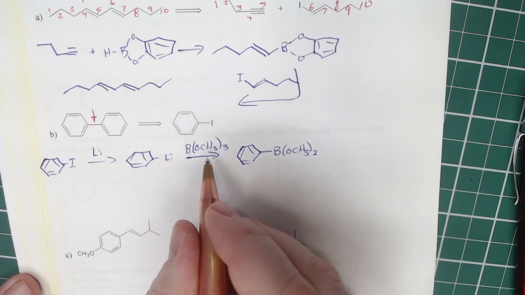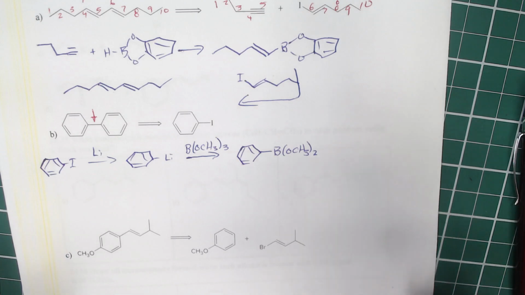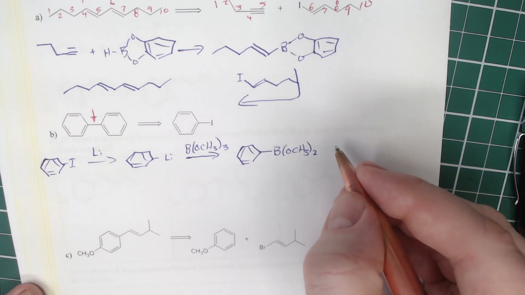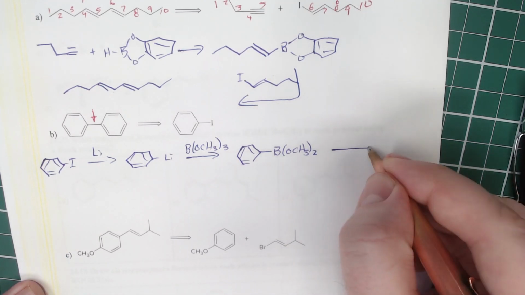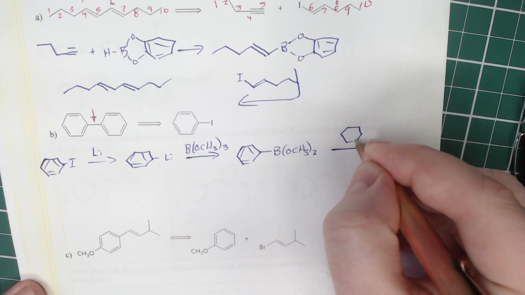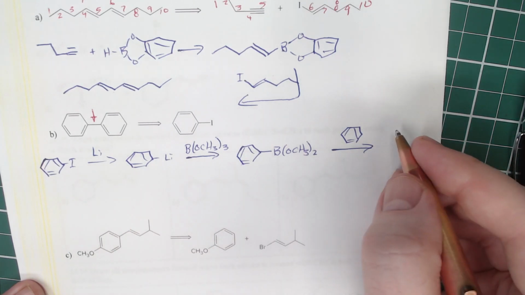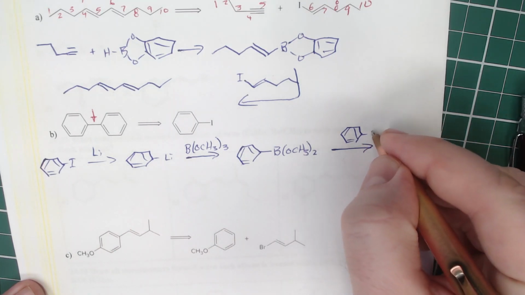We're also going to get the lithium methoxide as a side product, in case that's relevant. And then this, we're going to react with another mole of our phenyllithium reagent, our organolithium reagent.